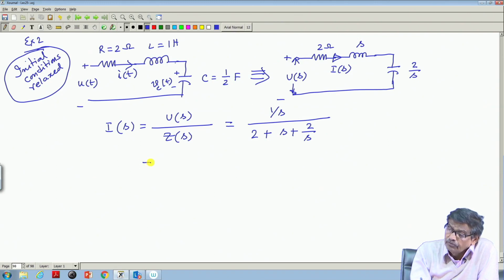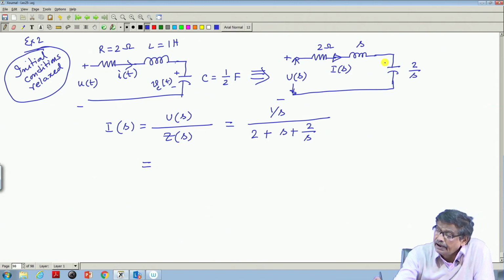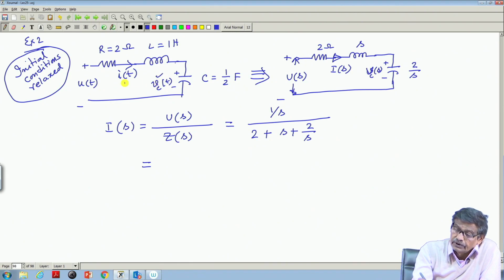Now, let us solve for the current first, and also I would like to know what is the capacitor voltage, capital V C s. These two things I want to know. So, first let us calculate I s.